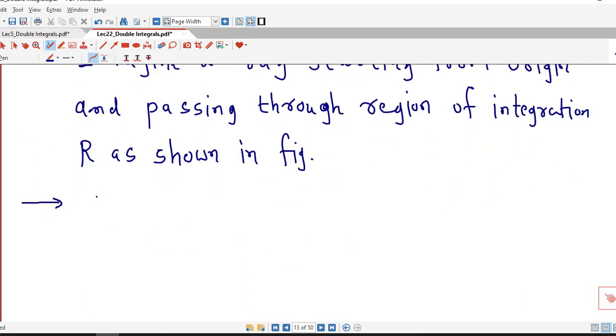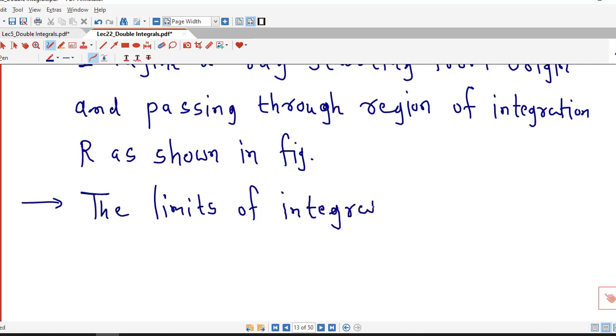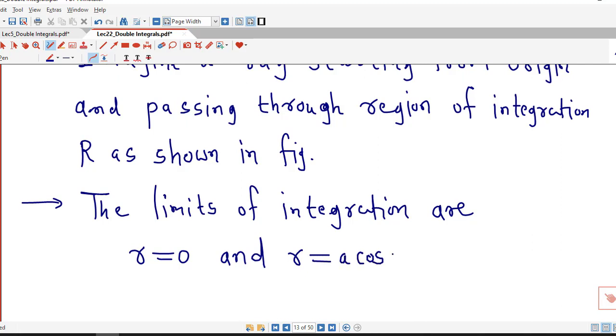And we have discussed that the limits of integration are: ray enters the region at r equal to 0, and ray leaves the region at r equal to a cos theta, and smallest value of theta is 0 and the largest value of theta is pi by 2.